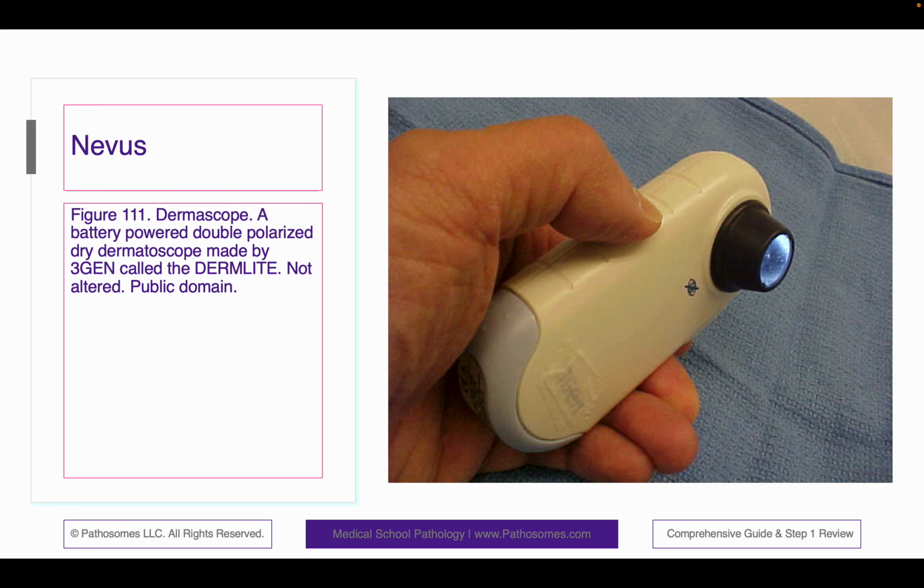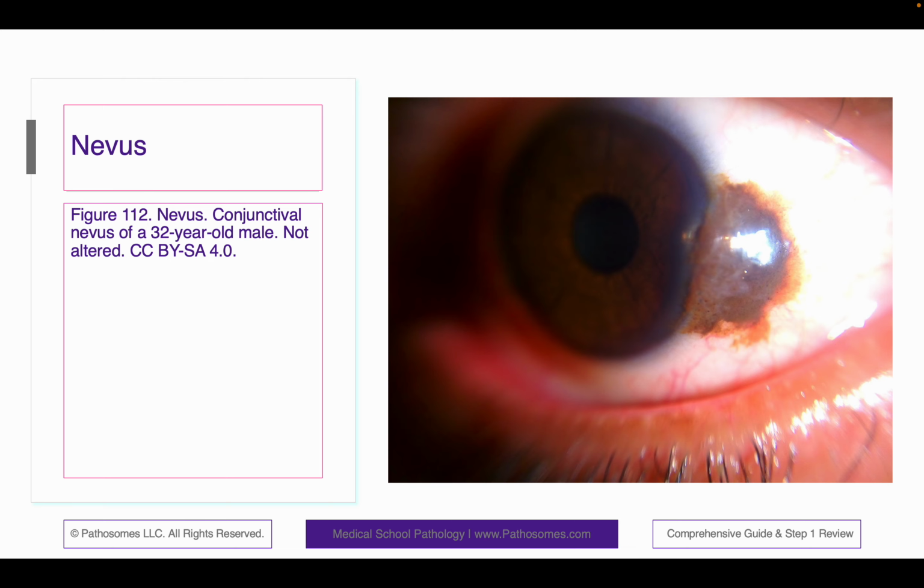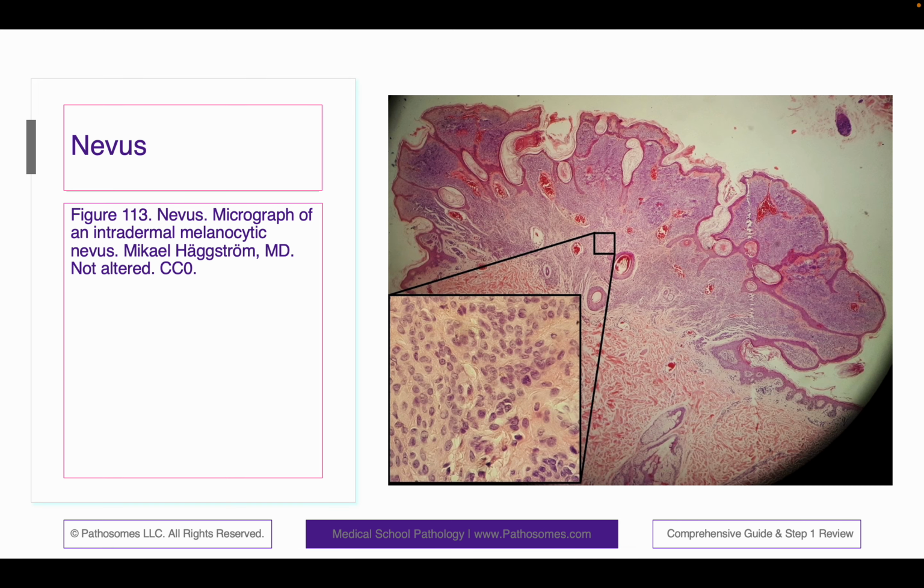And a dermoscope, if you haven't seen one of those, this is what it looks like. And a conjunctival nevus in a patient. And an intradermal melanocytic nevus, IDN, histologically.